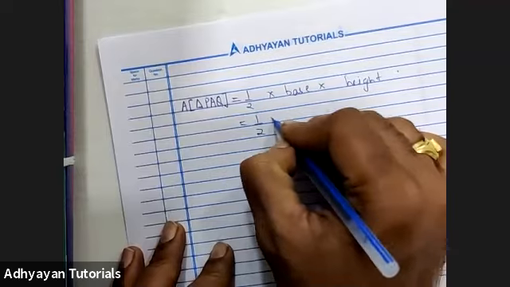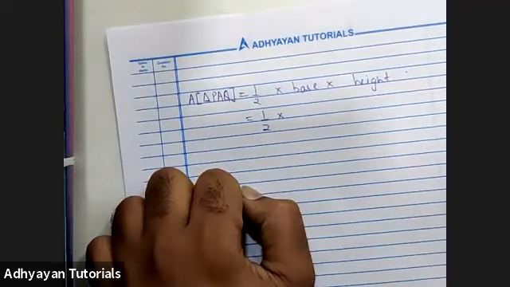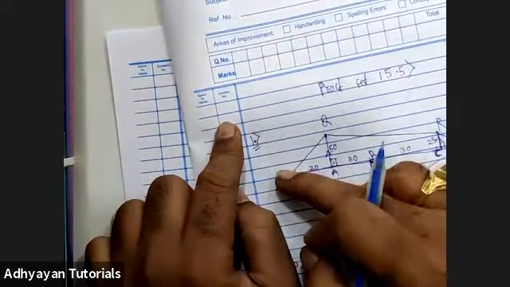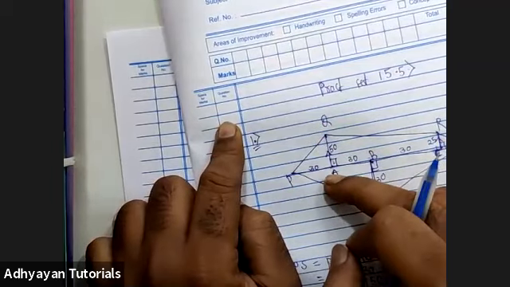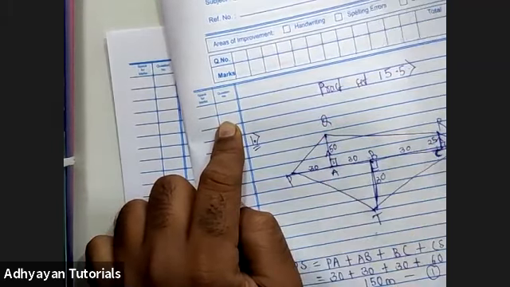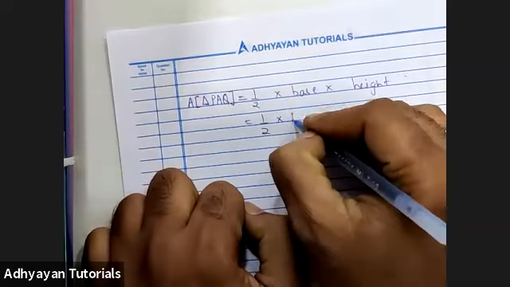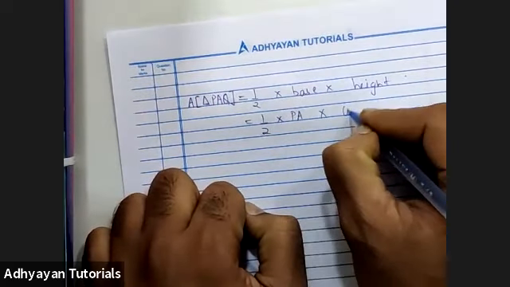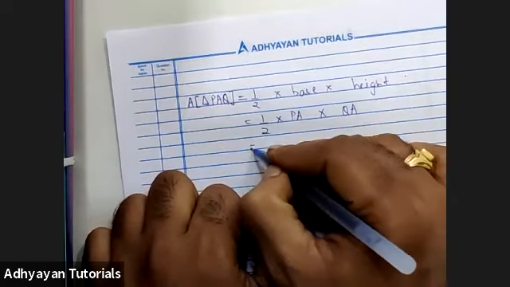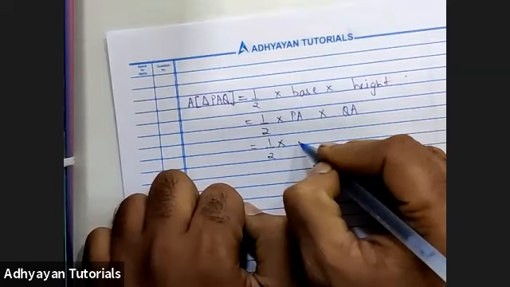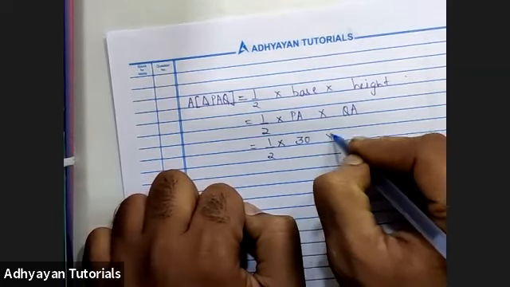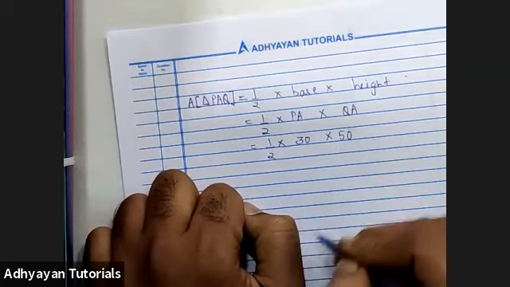So that is half into base. For triangle PAQ, the base has to be PA and the height has to be QA. So half into PA into QA. So half into PA's value is 30 into QA's value is 50.